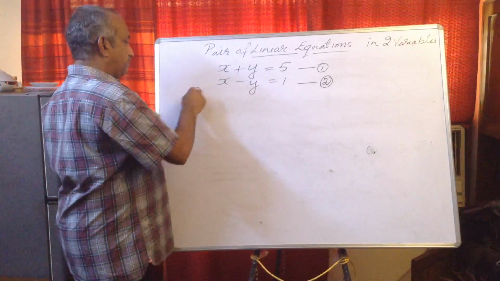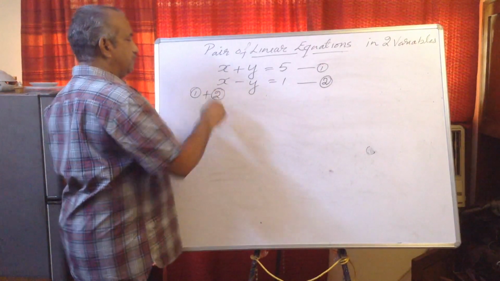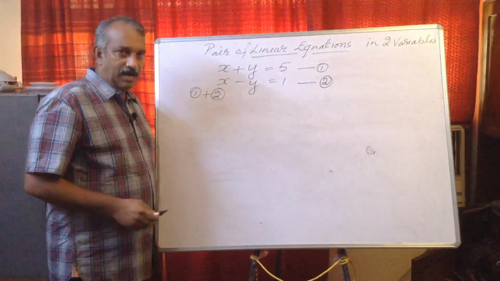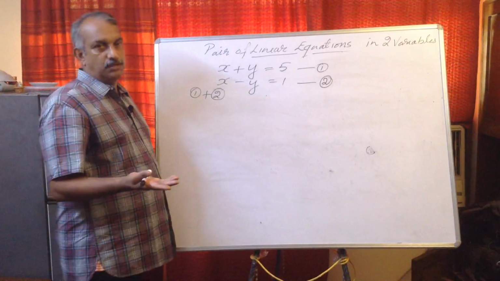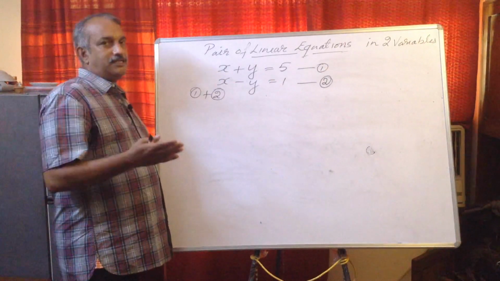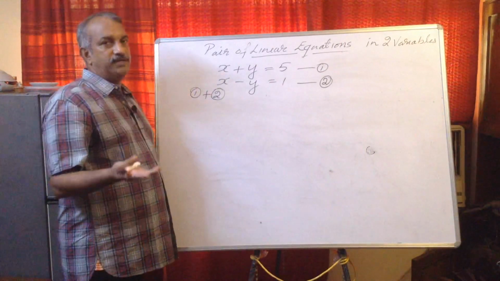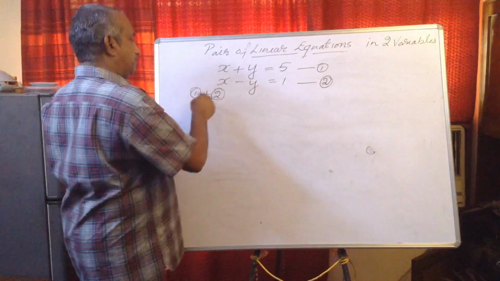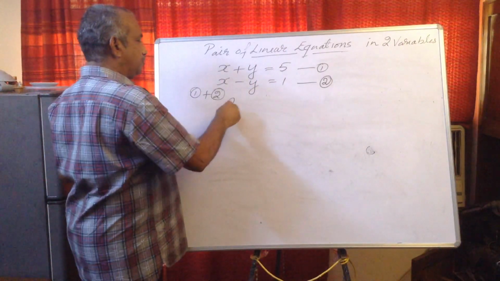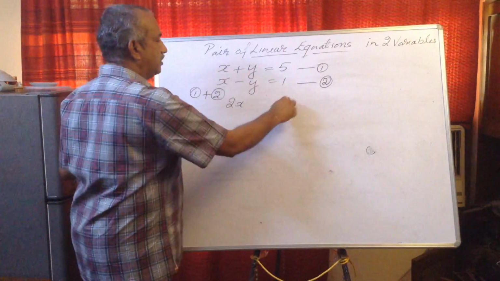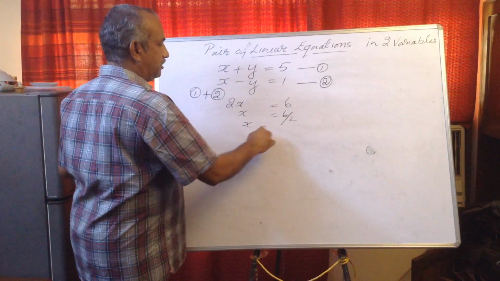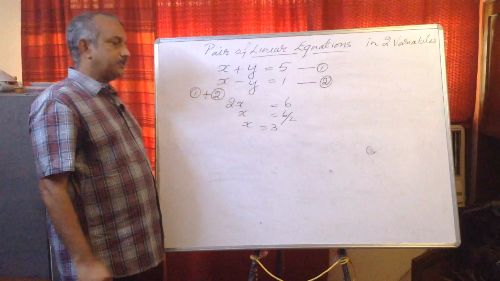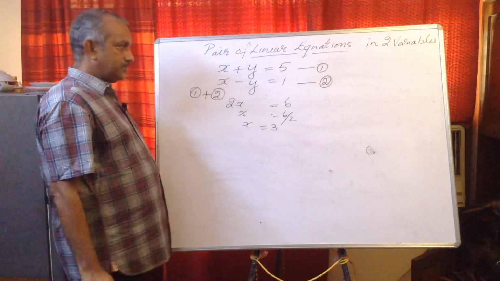Equation number 1 plus equation number 2, because the coefficients of y are the same, but one is negative, one is positive. So if we add, y will get cancelled, plus y minus y is 0. So x plus x, 2x is equal to 6. x is equal to 6 upon 2, x is equal to 3. So we get x is equal to 3.